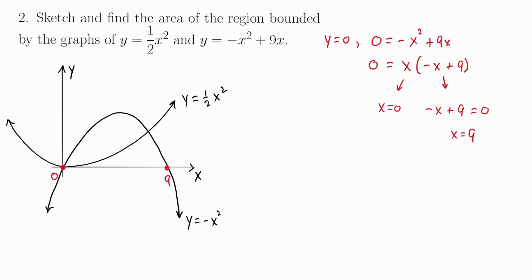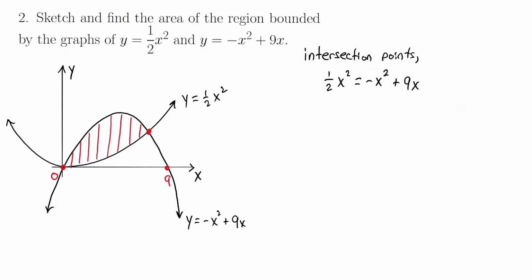So that's your graph of negative x squared plus 9x. And we have a region bounded by those curves. You can see you get an intersection point up there, which we'll calculate momentarily. But the region in question is this right here.